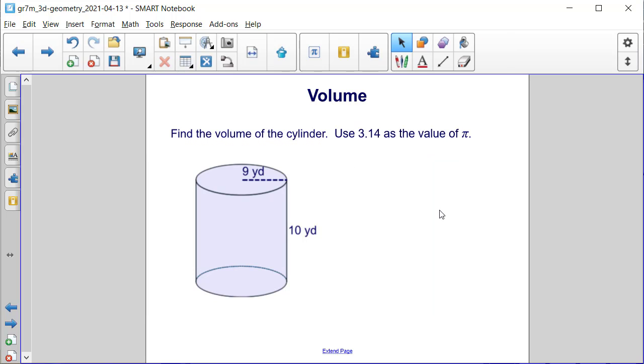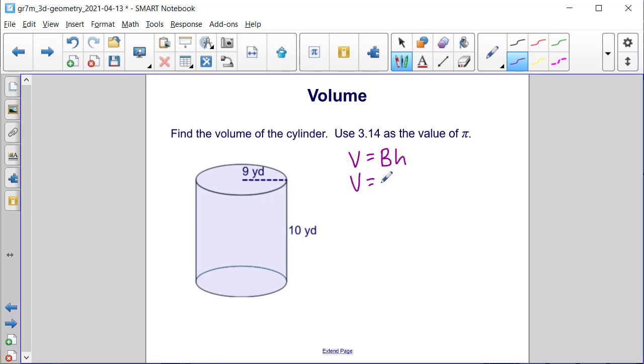Find the volume of the cylinder. Use 3.14 as the value of pi. Well, we know that the volume of a cylinder or prism generally follows the pattern of area of the base times the height. Well, the area of the base in a cylinder is always a circle.